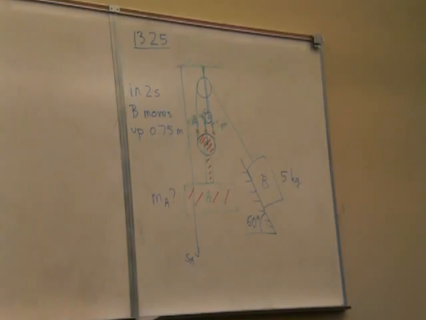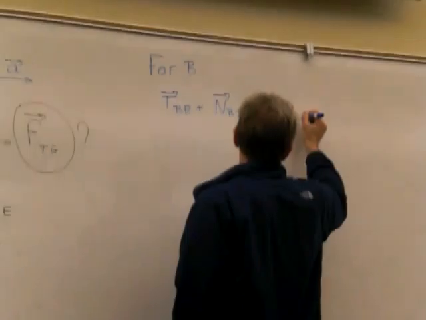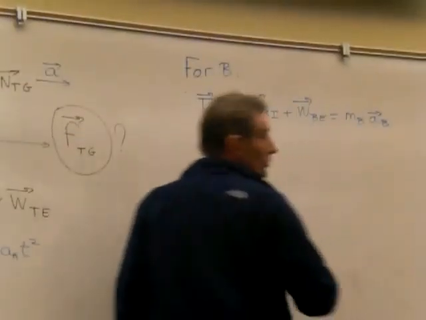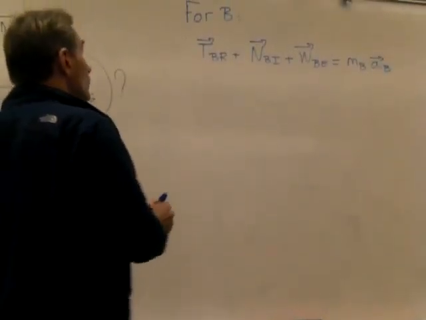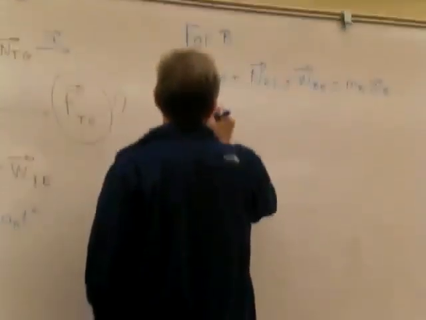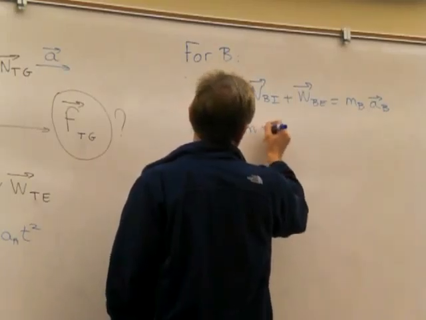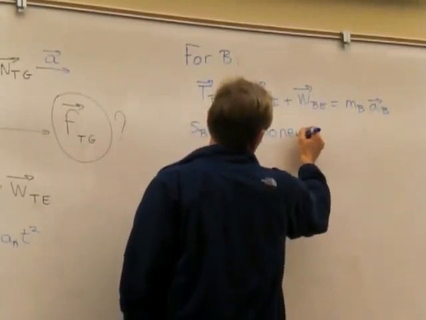So I can write for B the sum of the forces. Let me do it fully here, plus the weight. So it's equal to the mass of B times the acceleration. So now I can write the SB component of it, that is along the SB axis.